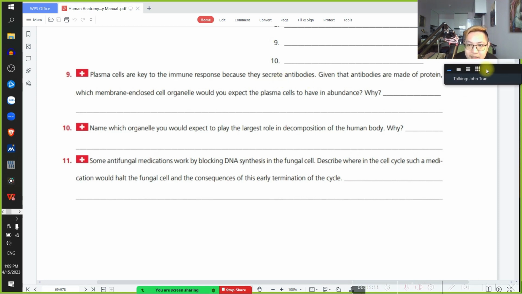Given that antibodies are made of proteins, which membrane-enclosed cell organelles would you expect the plasma cell to have in abundance? Why?